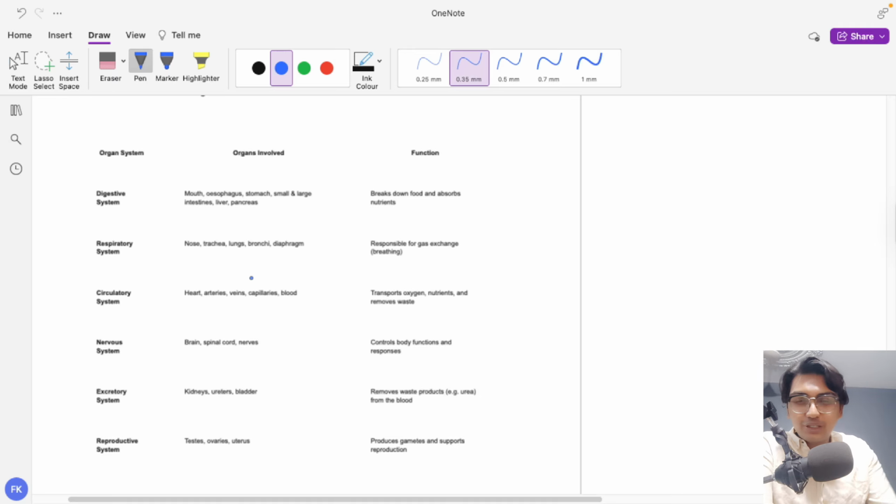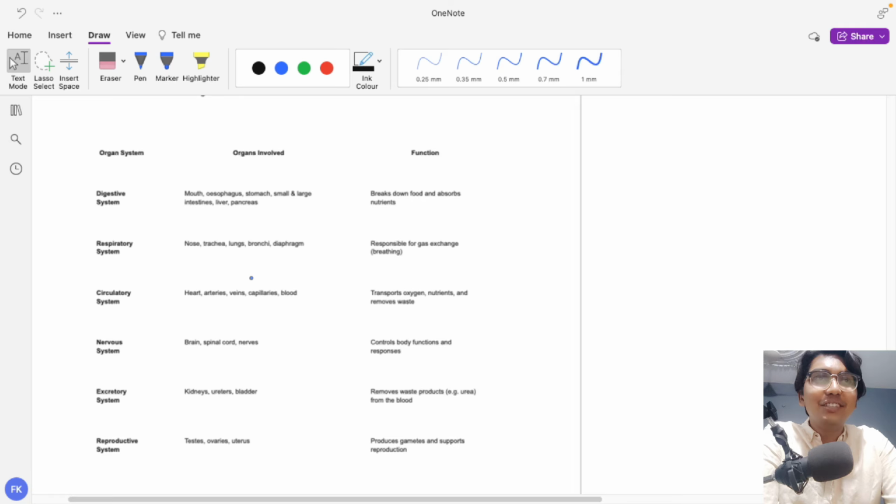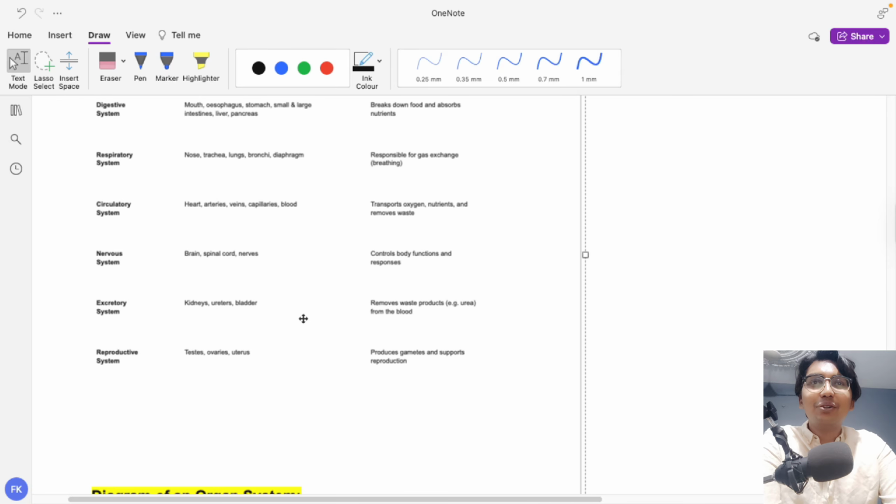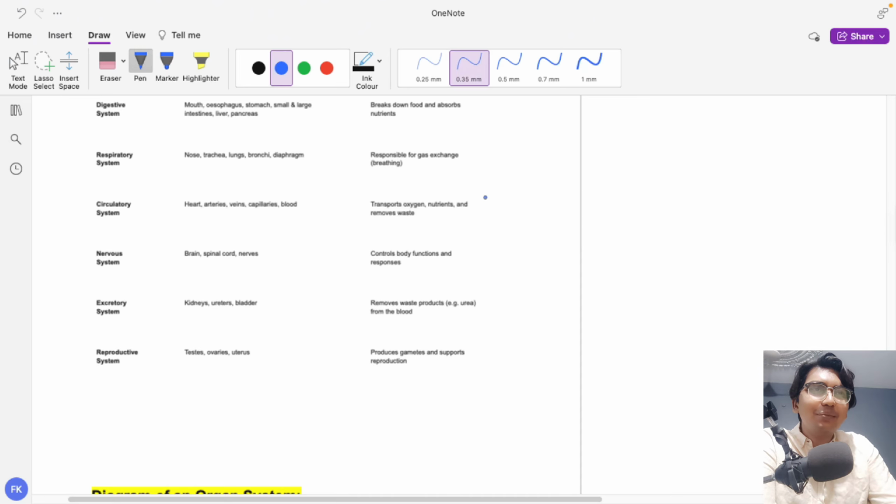We have nose, trachea, lungs, bronchi, diaphragm, right? Responsible for gas exchange. Circulatory system, we have heart, arteries, veins, capillaries, blood. Nervous system, we have brain, spinal cord, nerves. What is the function of the nervous system? The simple function is to control body functions and responses, right?